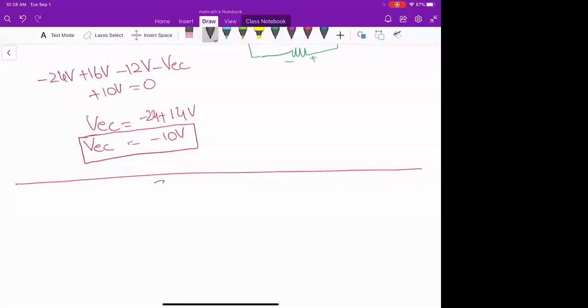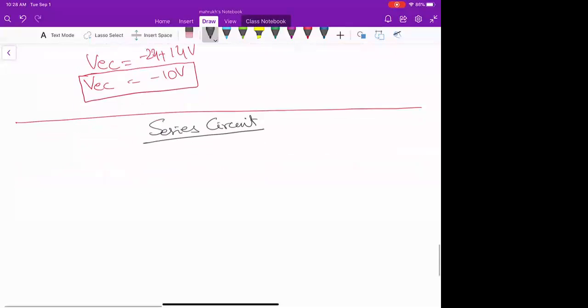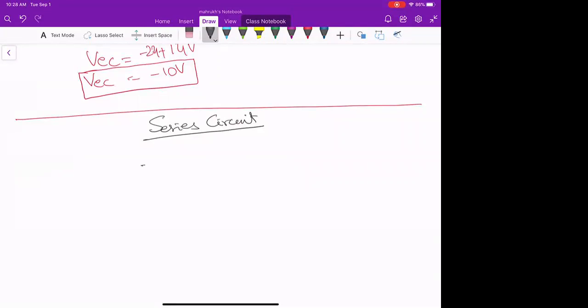Okay, series circuit. What is a series circuit? We are all the time seeing circuits that are connected in one way or another, so we should define that, okay? Let's see that this is a circuit I have.